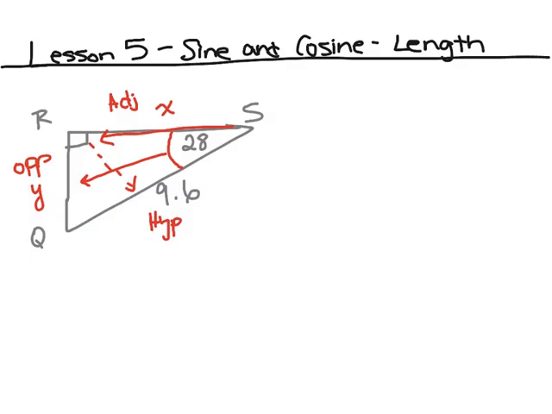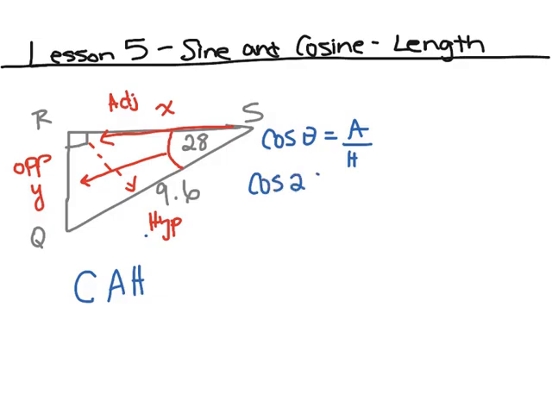So first, let's find X. We're doing our adjacent, and we know our hypotenuse. So to find X, we need to use the cosine ratio. So cos of our angle is equal to A over H. We know our angle is 28 degrees, our adjacent side is X, and our hypotenuse is 9.6.